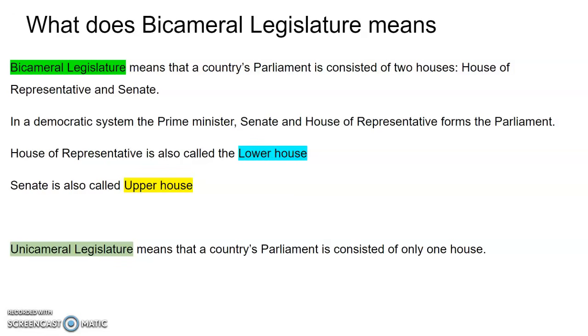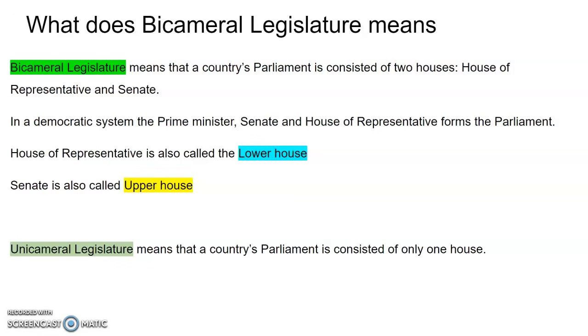And remember we said that Parliament is the law-making body of a country. So in a democratic country in the Caribbean, if they have a bicameral legislature, their parliament consists of the two houses in parliament, which are the Senate and the House of Representatives, and there is also the Prime Minister.